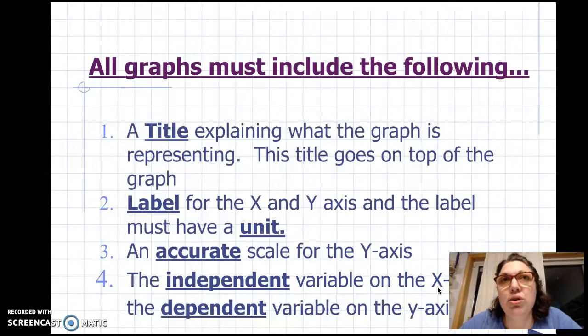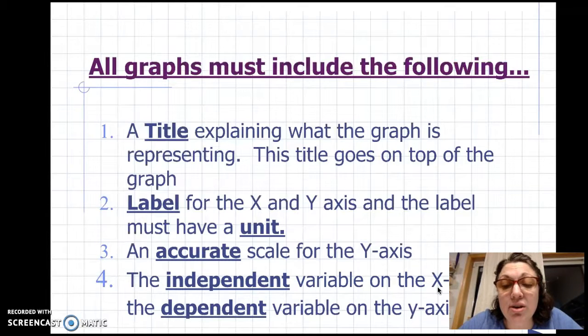So like 0, 2, 4, 6, 8, 10 would be counting by twos, but you can't go 0, 4, 5, 6, 9, 11. You have to have an even scale or a consistent scale. And it needs to be spaced out correctly for the data that you have.